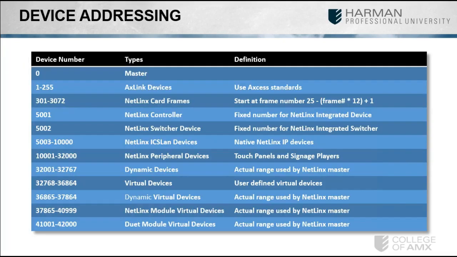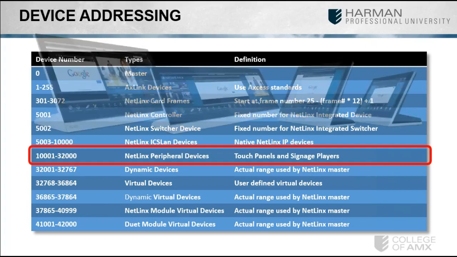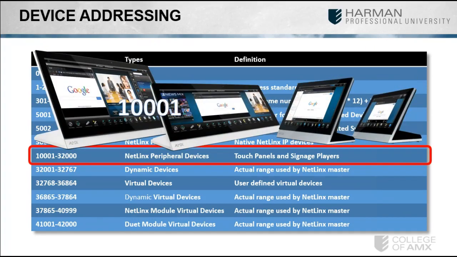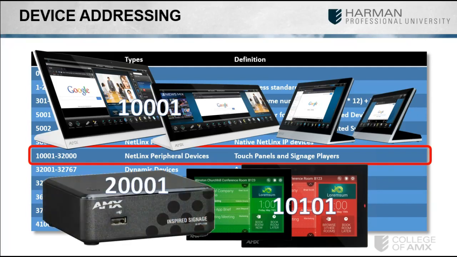The next available device number is 10,001, which is the recommended starting address for touch panels. To most closely follow the AMX numbering standards, in-room touch panels should start at 10,001, while scheduling panels would start at 10,101. And AMX digital signage players would start at 20,001.